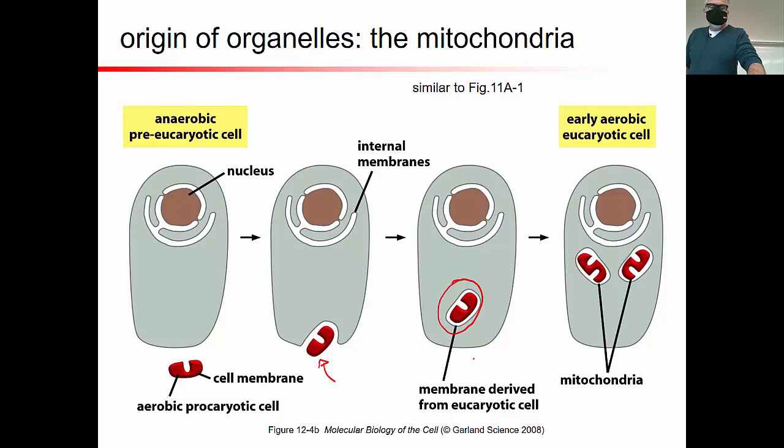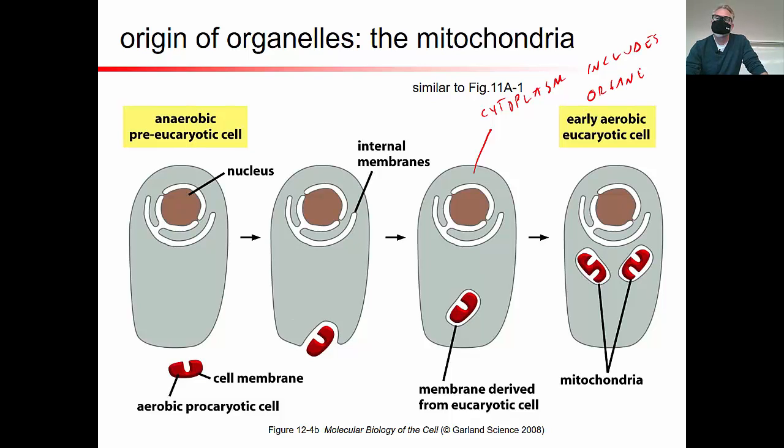One more note I want to make here is when we're looking at a cell, everything inside the plasma membrane is the cytoplasm. So everything inside, and that includes the organelles. Okay? So everything here would be the cytoplasm.